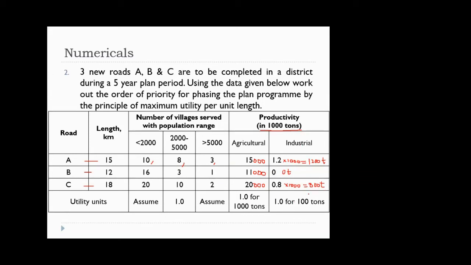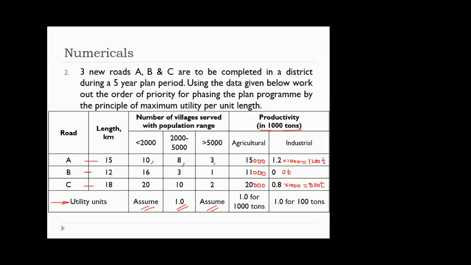So that's the value. Now for utility units, if you see, some locations they have given the values, as in here they have given 1, but for other population ranges you have to assume. Now remember, when you are assuming, you have to assume it logically. As I told you in the last numerical, the population plays an important role.